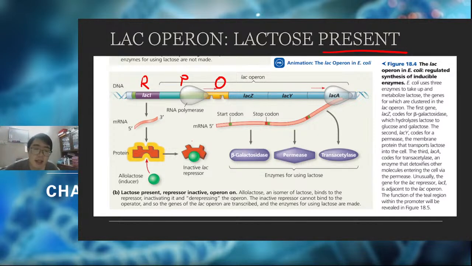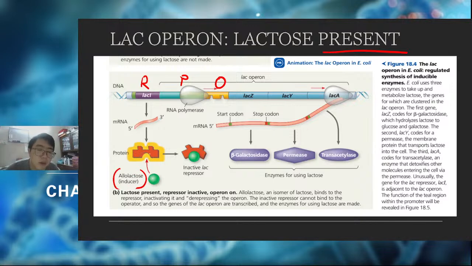But since the lactose is present, our lactose molecule is called allolactose. So it acts as the inducer. Normally in structured questions, if you are labelling, you can write either allolactose or inducer lah. Sama saja.